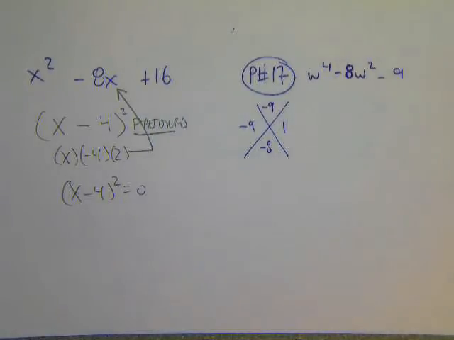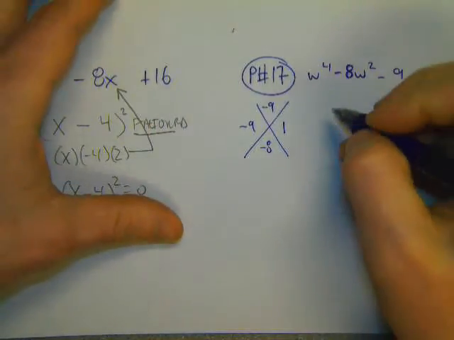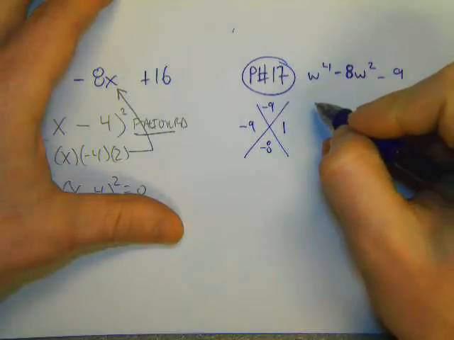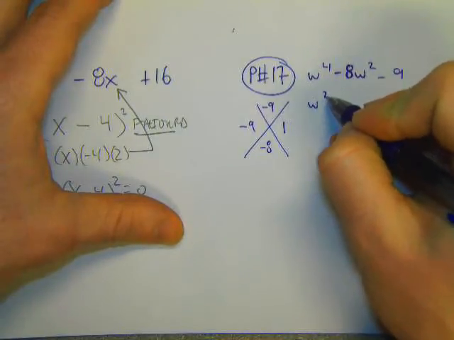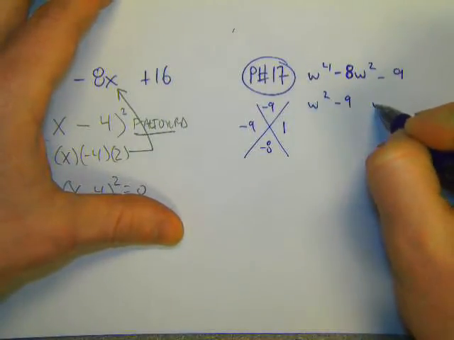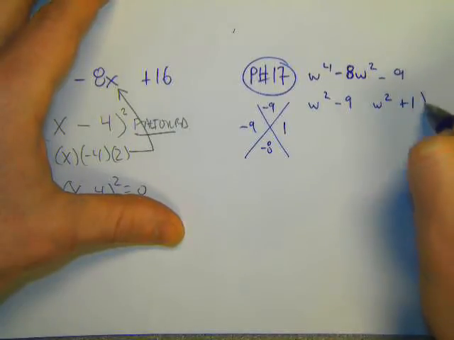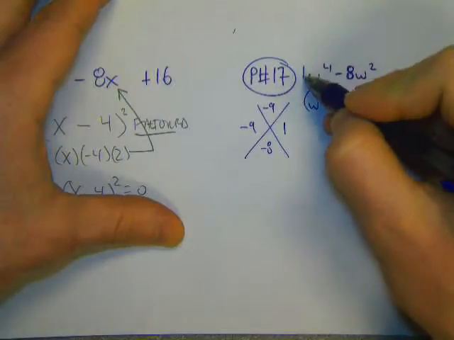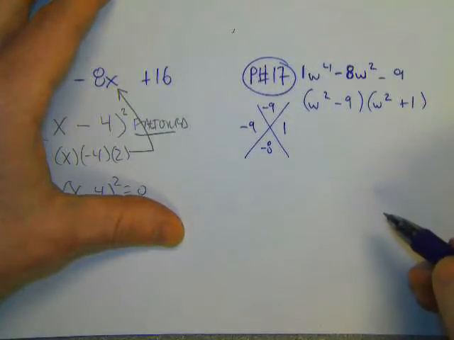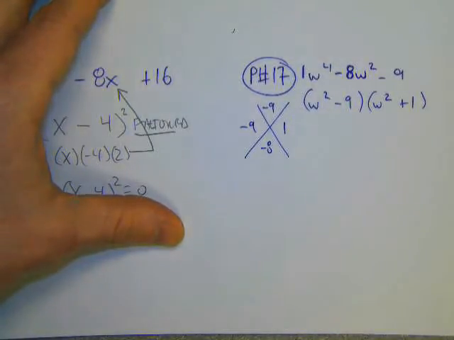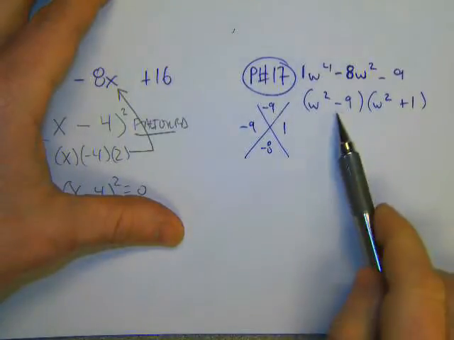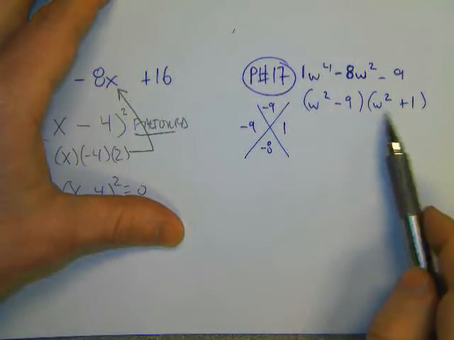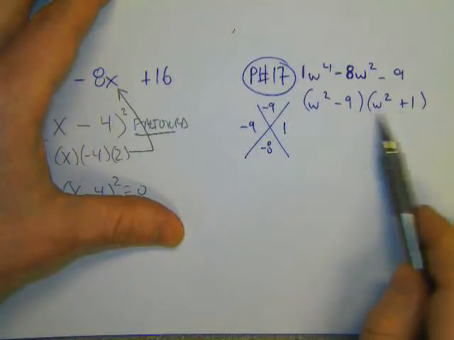And when I do this, now I've got w squared minus 9 and w squared plus 1. I'm just splitting it because my a is 1 right there. Now I look at this. Is everything prime here? This to me looks prime.